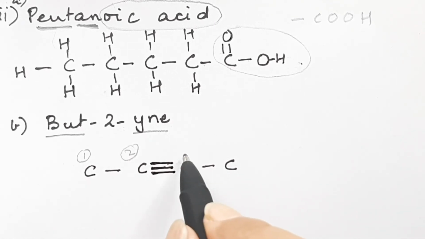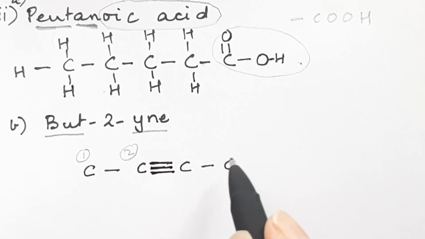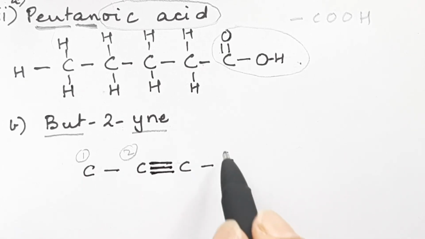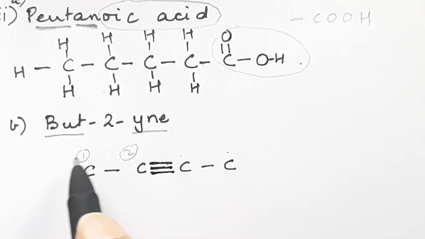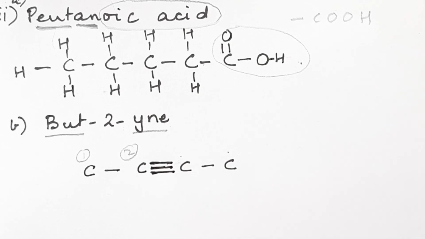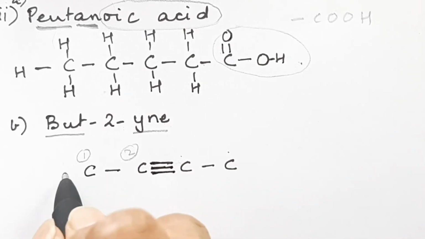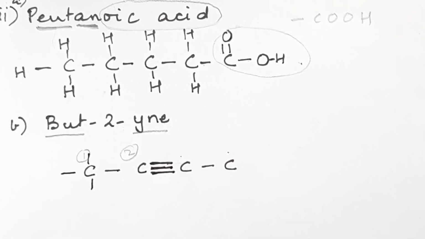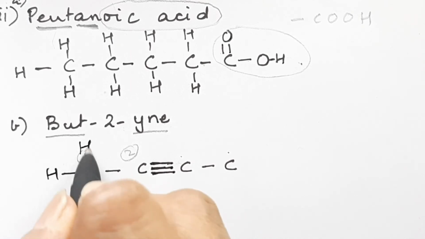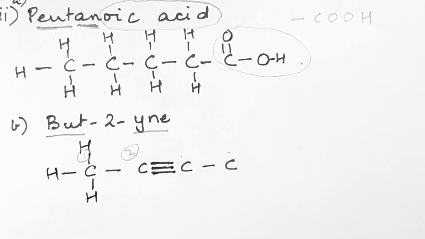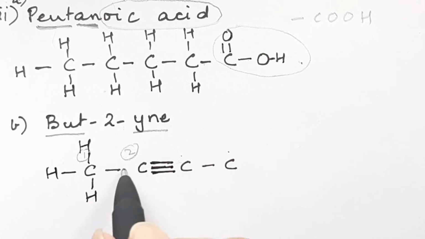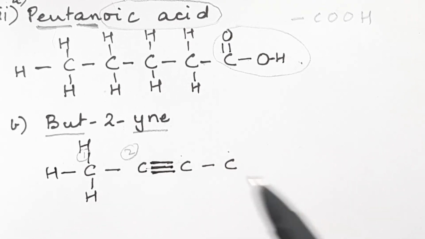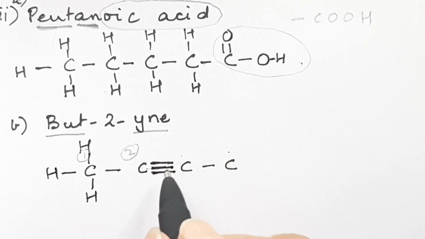Now this becomes the third carbon, this becomes the fourth carbon. If you count from this side, first carbon, second carbon. So whether you count from this side or this side, it will be the same. Now each carbon must have how many valencies? 4. So write H, H, H. This carbon, how many valencies does it have? 1, 2, 3, 4. So you cannot add any hydrogen to this. This carbon also 1, 2, 3, 4.